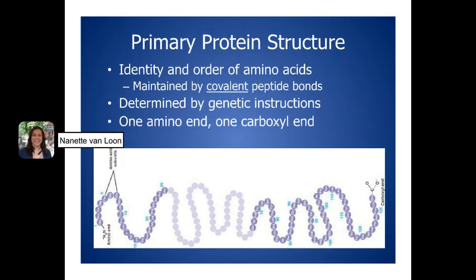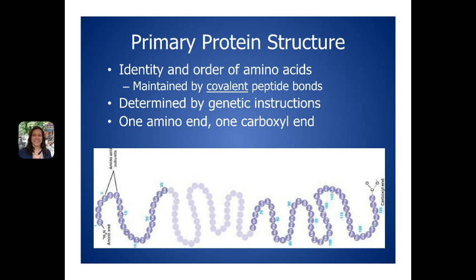The primary structure of proteins is determined by the order, the sequence of the individual amino acids that compose the polypeptide chain. It is maintained by peptide bonds, and a peptide bond is a covalent chemical bond between the different amino acids in the polypeptide chain.